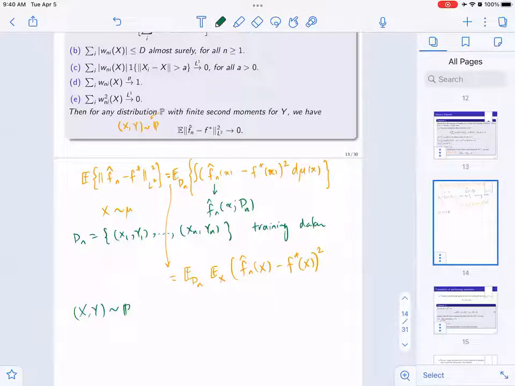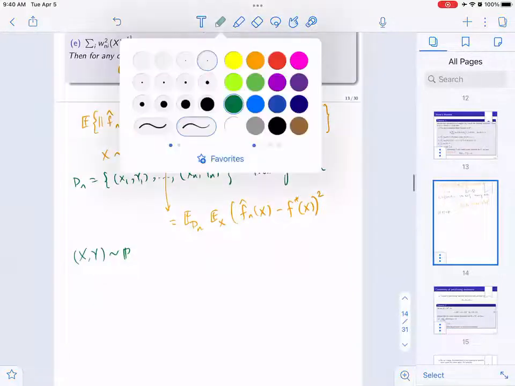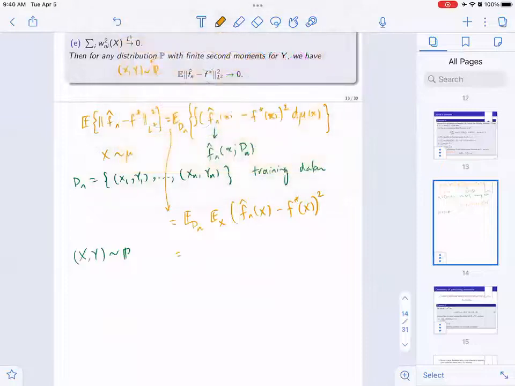This iterated integration makes sense because the x and the training data are independent. So it doesn't matter, I can reorder, I can just write a joint expectation. I'm hoping people are comfortable with this. I can just write it simply as this. This is now taking the expectation over all the randomness, both in x and in D_n.